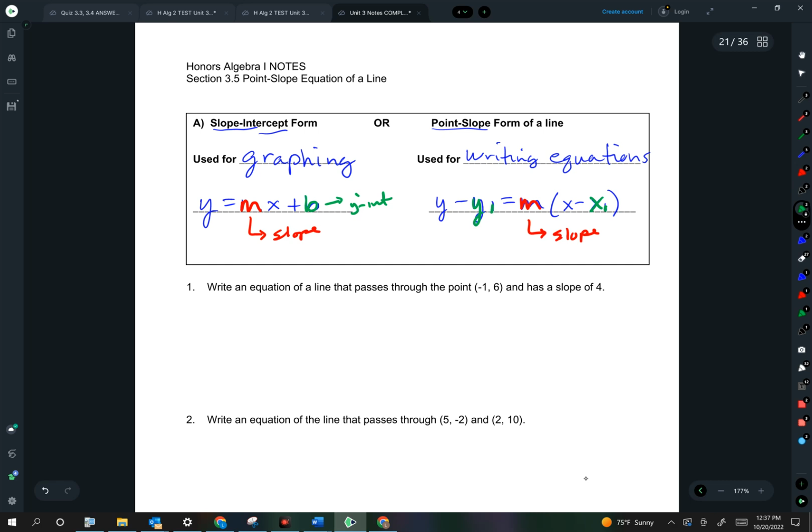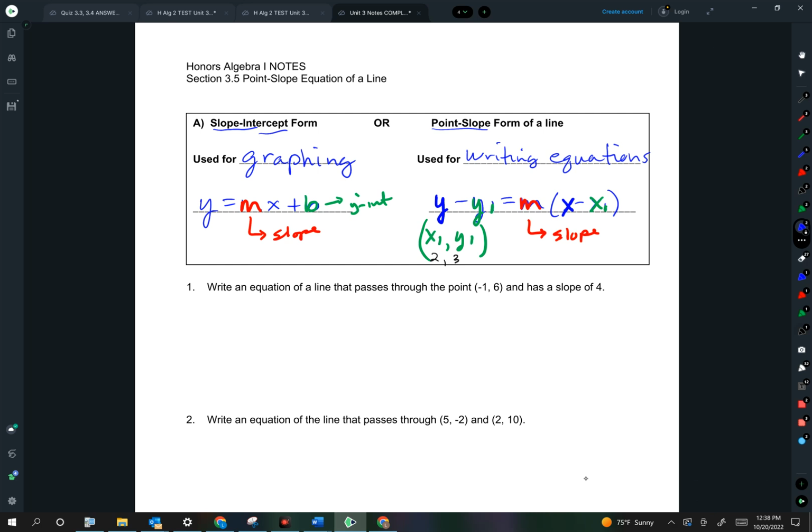All that means is it's the x and y coordinates of a specific point, some ordered pair x1, y1. For all we know, it might be the ordered pair 2, 3. And then the x and the y in the equation stay the variables, because equations of lines normally have an x and a y.